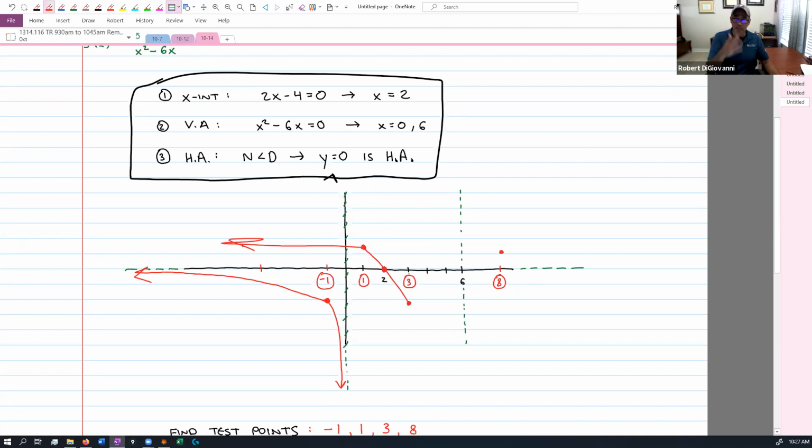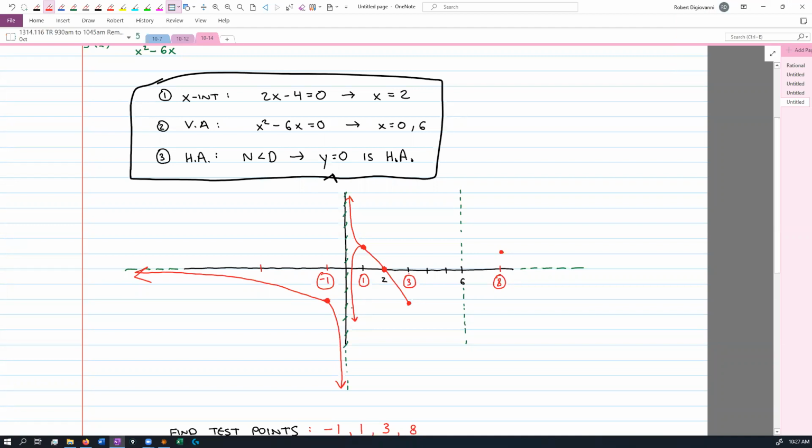It's got to force me up or down. Does it go up or does it turn and come back down? It has to go up, because again, same idea. You've created an x-intercept that doesn't exist.